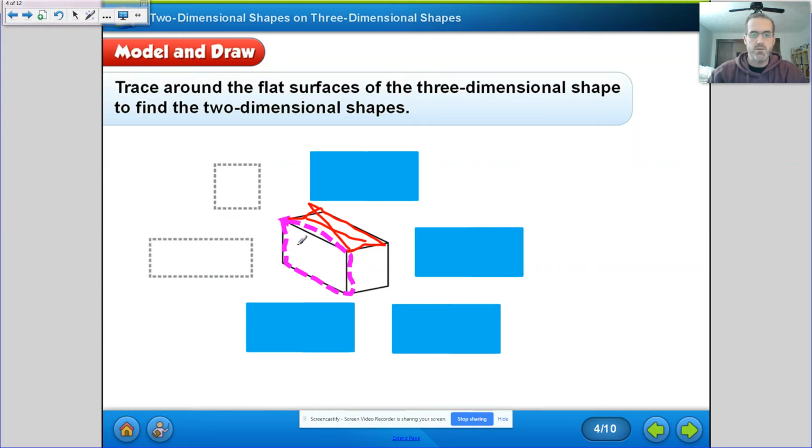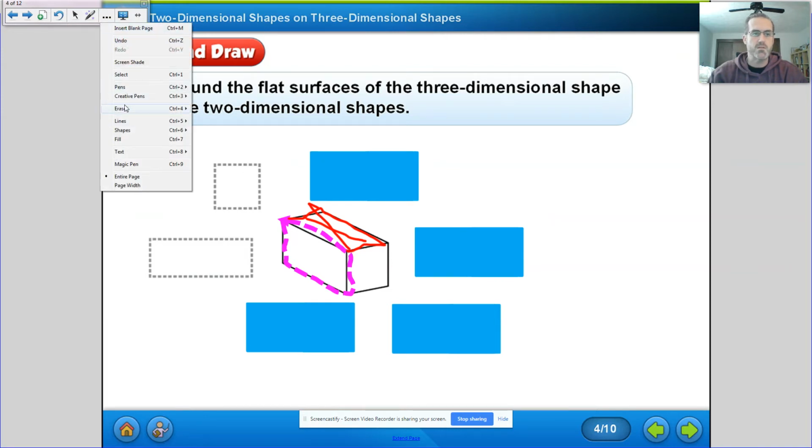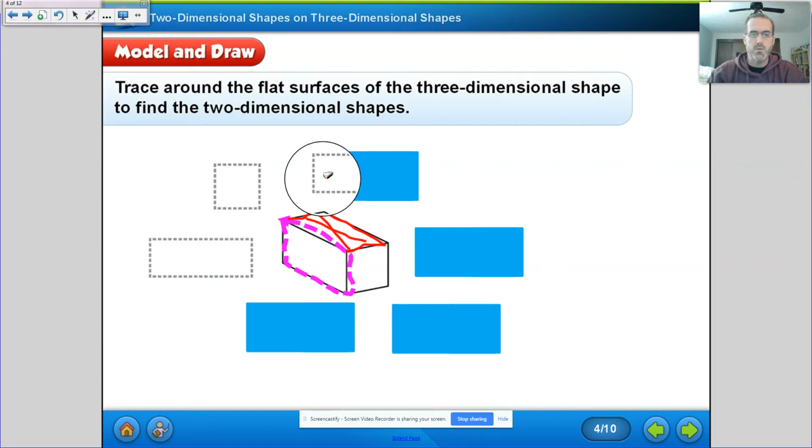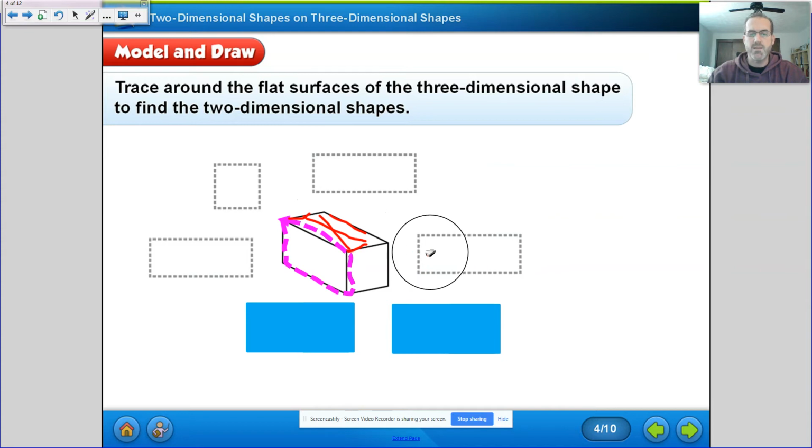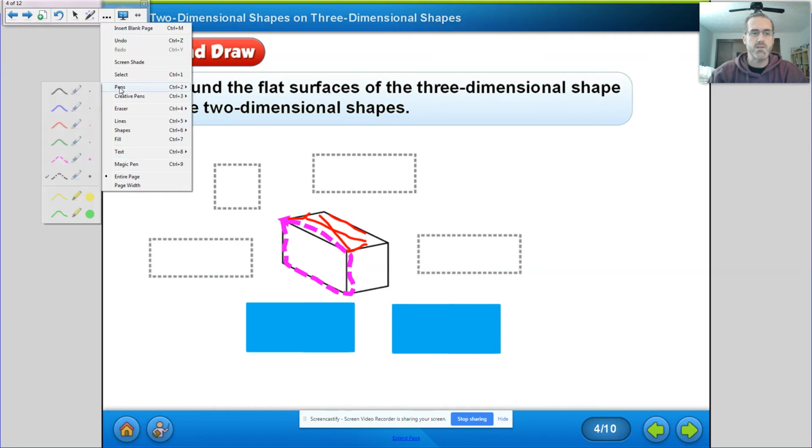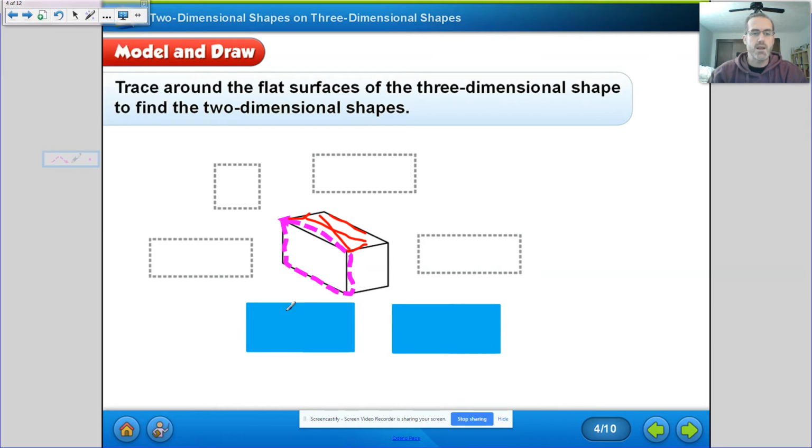All right, now let's see. Now over here, let's use the eraser so we can show the one that we can see. Now that's the top one we traced. And here on that side, the other side we can't see, is another rectangle. On this front side, just like on the opposite side, is that square, right there.